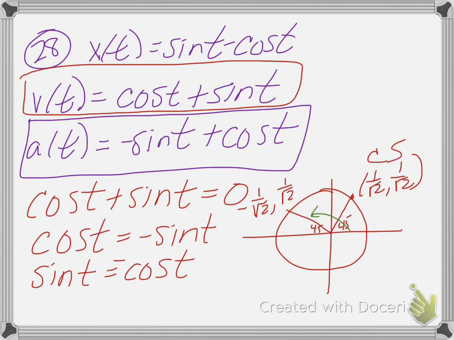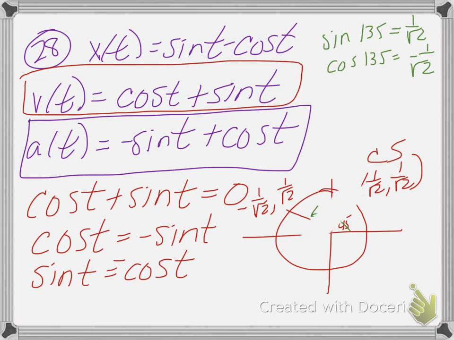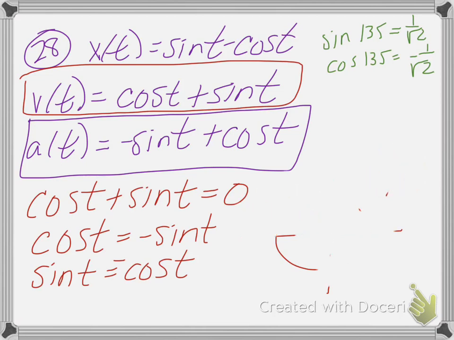So here's what we know. That sine of 135 equals 1 over radical 2, and cosine of 135 equals negative 1 over radical 2. So they're definitely testing you on your unit circle on this problem. Okay, so when is sine and cosine equal to each other, but one of them is negative?